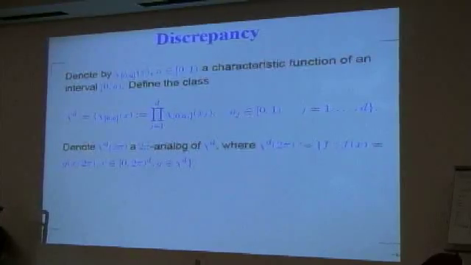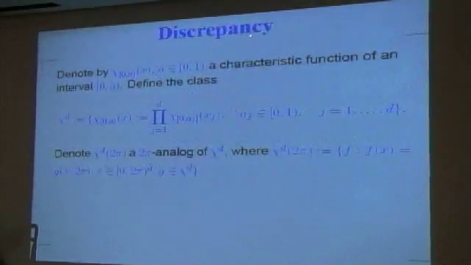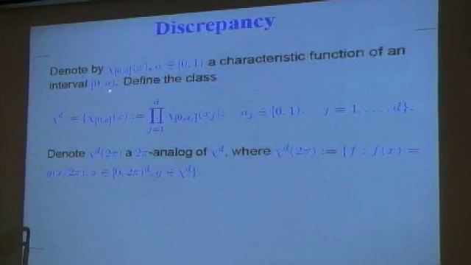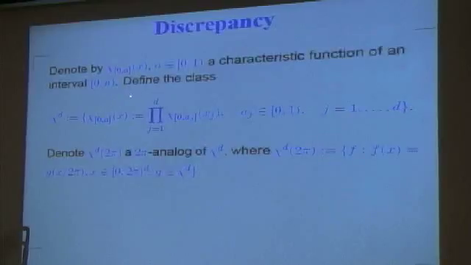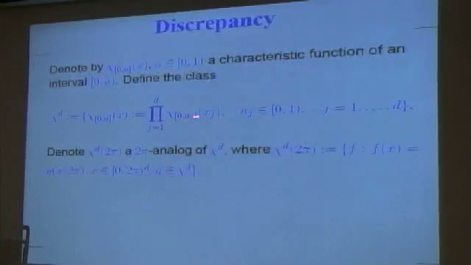So how is this related to the discrepancy? The classical definition of the discrepancy is the following. We consider d-dimensional characteristic functions of parallelepipeds. So this is the definition. It is a product of univariate characteristic functions.